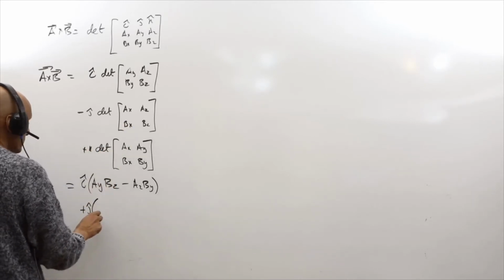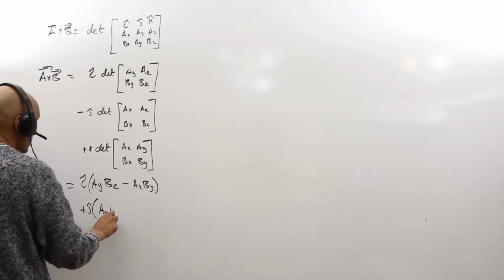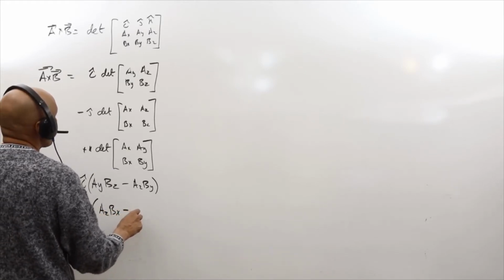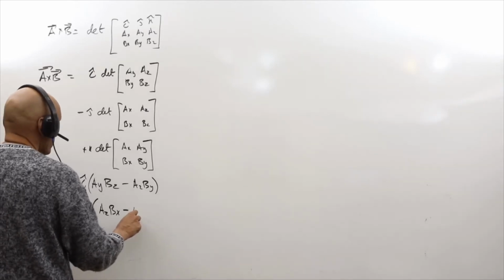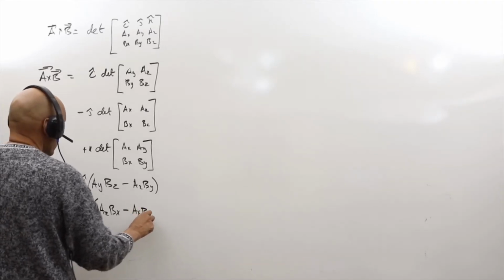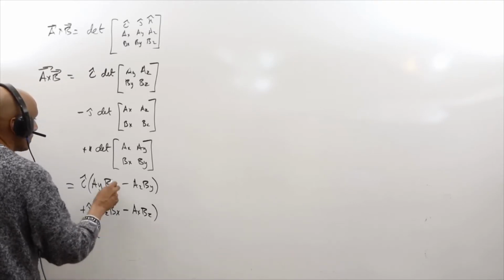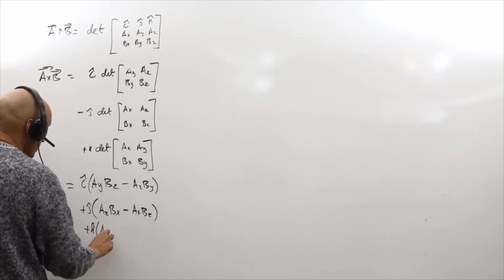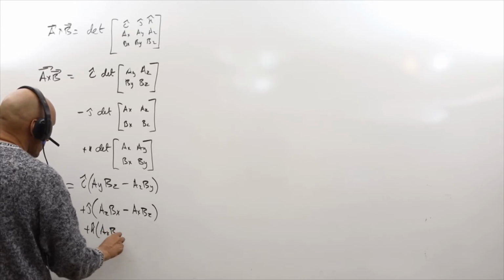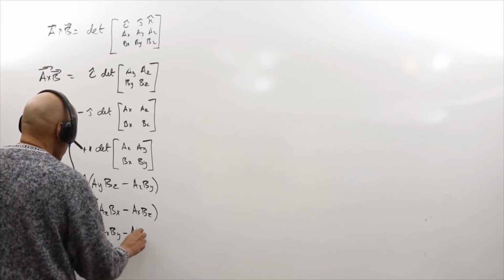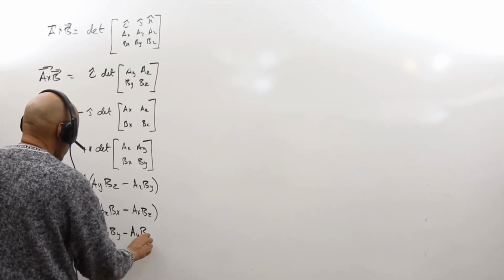So this is Az Bx minus Ax Bz, plus a k vector, Ax By minus Ay Bx.